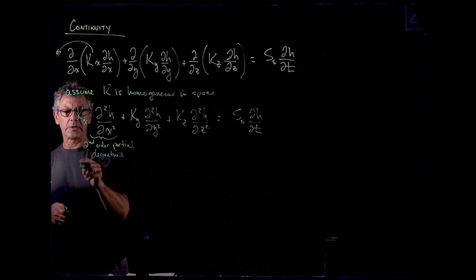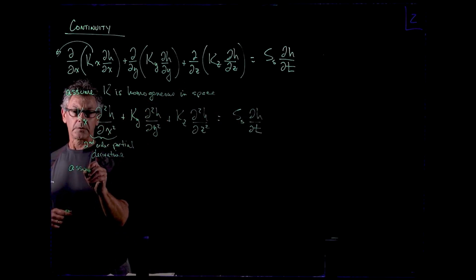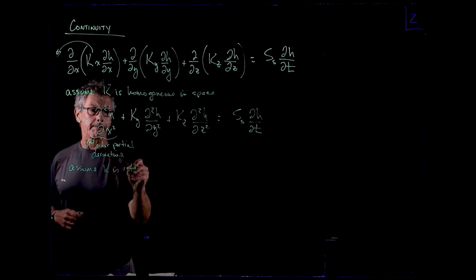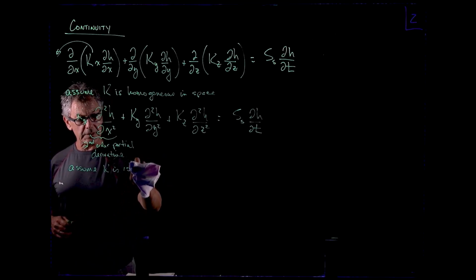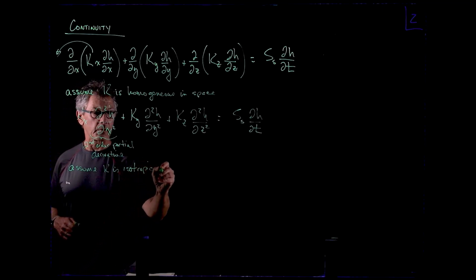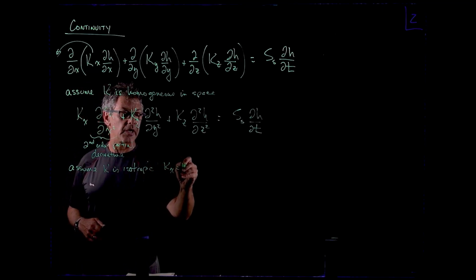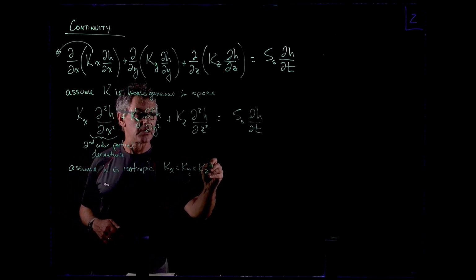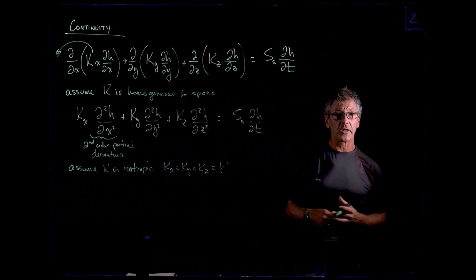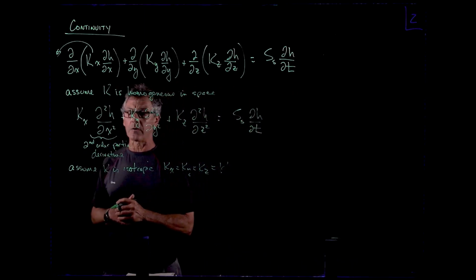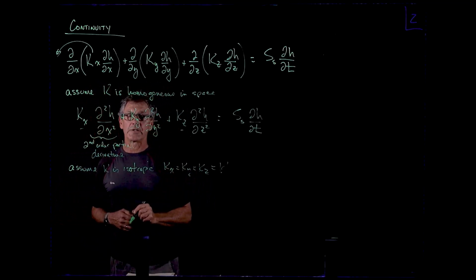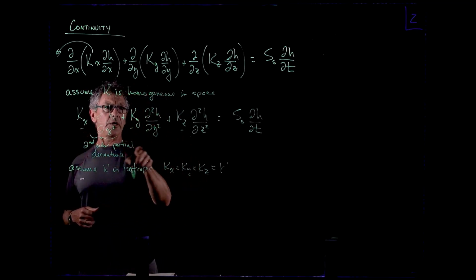What if we assume K is isotropic? And isotropic means it's the same in every direction, right? So Kx is equal to Ky is equal to Kz, so we'll just call it K. Since it doesn't matter what direction we're in, we'll just call it K. And so now all these K's here are the same, and what we can do is pull those all out.